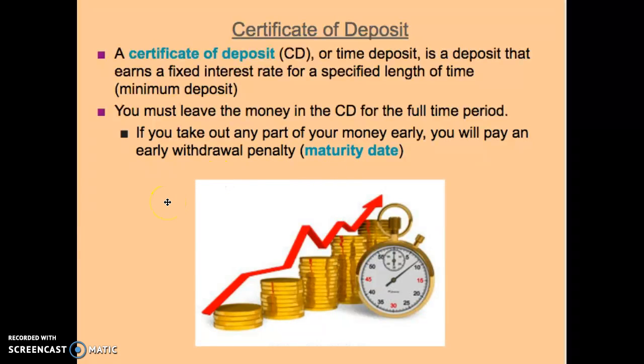Certificate of deposit, also known as CD or time deposit, is a deposit that has a specific interest rate and a specific amount of time that you need to leave that deposit sitting and building in order for you to earn its full potential. So there's typically a minimum deposit.